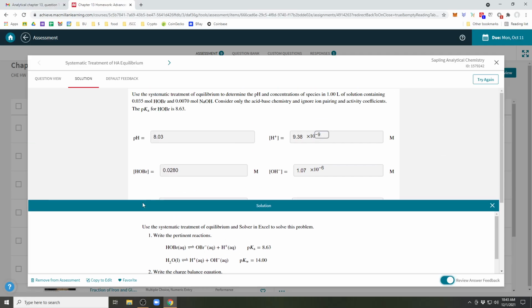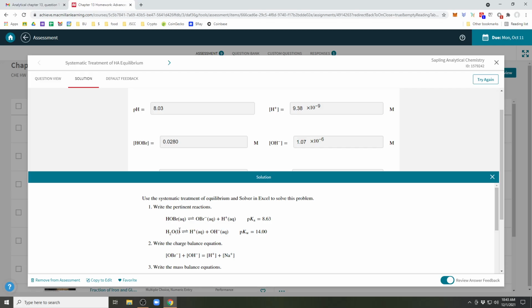So, for example, we have two equilibriums that are interacting. We have the acid dissociation equilibrium, which would be your acid losing a proton. And that has a pK of 8.63 that you were given. We also have, in every aqueous solution, the water equilibrium.